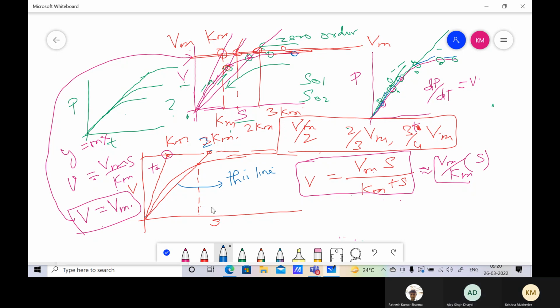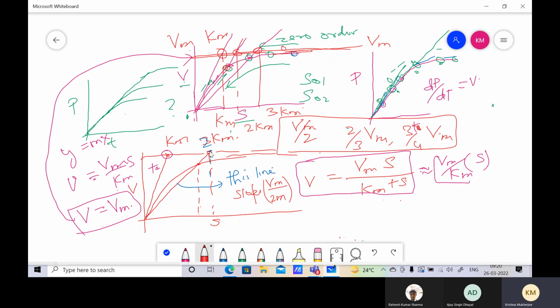Vm by 2 Km. I hope you realize this, right? The slope of this line is Vm by 2 Km. 2 Km or 3 Km or whatever, wherever you wanted to cut it.